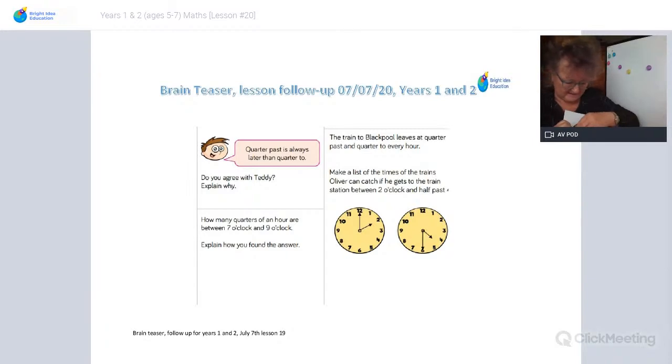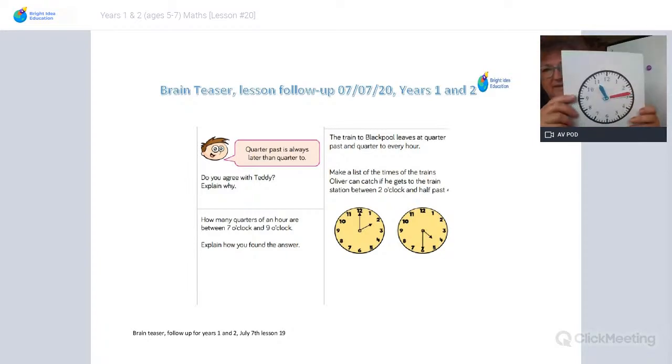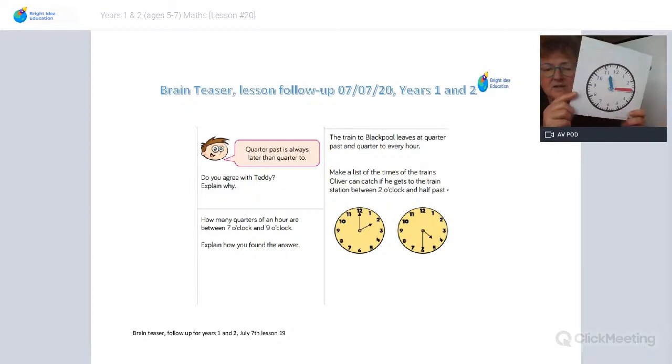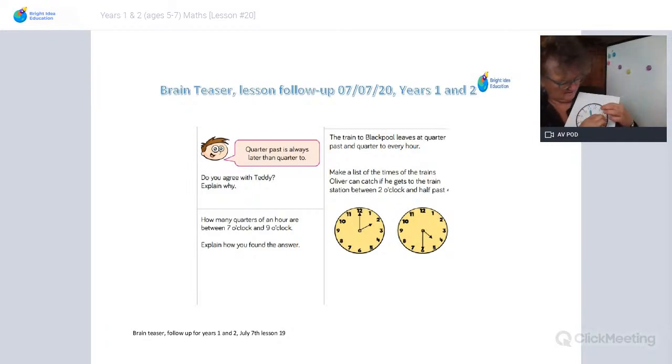So let's put the clock on 11:15 so we can see that again. We're just past the 11 on the hour hand and the minute hand is pointing at quarter past. Now, if time continues to travel, the next quarter to is 11:45, and the next quarter past is 12:15.